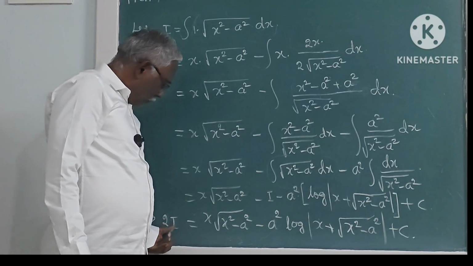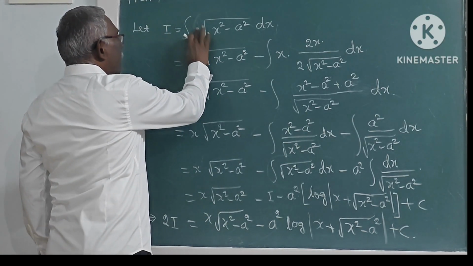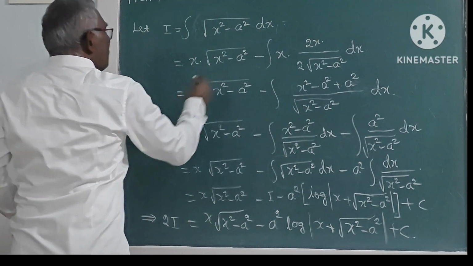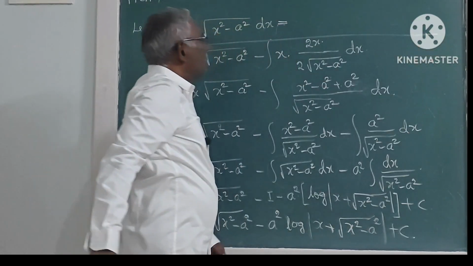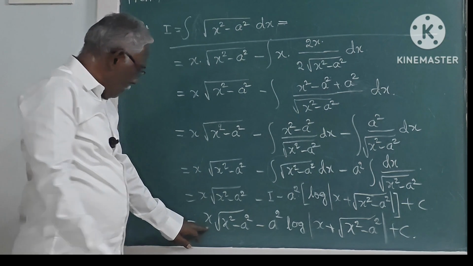Now 2I is this value, gives the value of I is equal to, what comes now? We have to divide by 2.